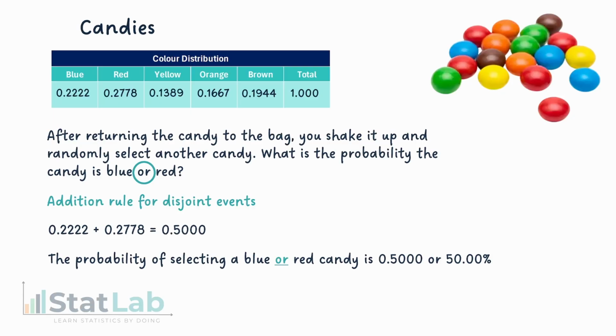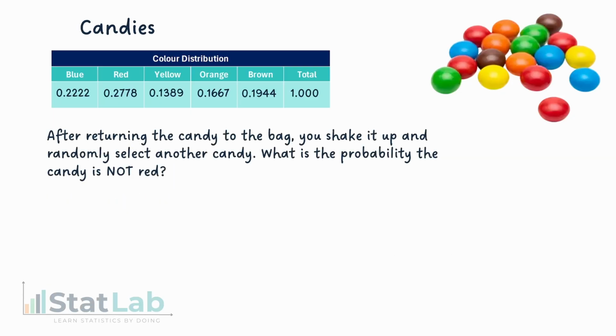Okay, so let's look at another one. Same thing, you return all the candies, you shake it all up, you select a random one again. This time, what's the probability that the candy is not red? For this, we use something called the complement rule. Since we know that the total distribution has to total 1, we simply subtract the probability for red, which is 1 minus 0.2778, and everything that's left is 0.722.